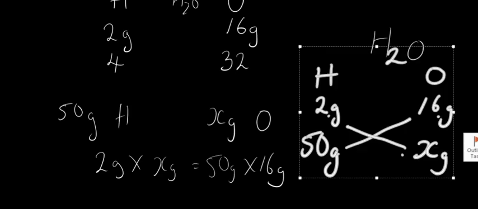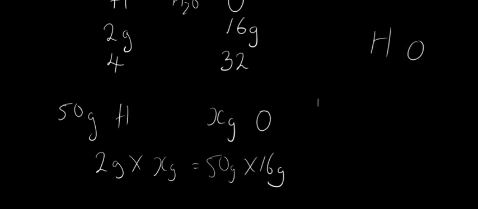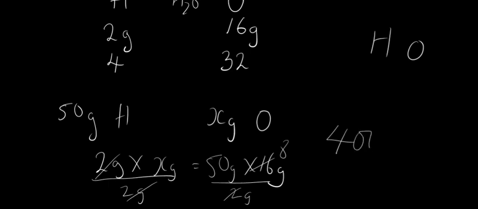You divide both sides by 2 grams because we are looking for x. These 2 cancel, and 16 divided by 2 gives you 8. Now 8 times 50 gives you 400 grams of oxygen.